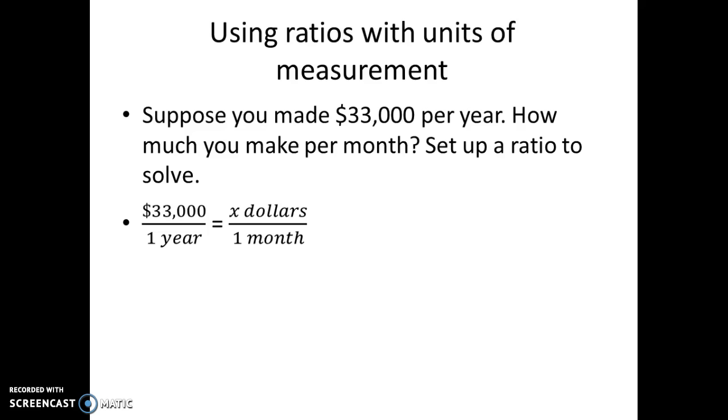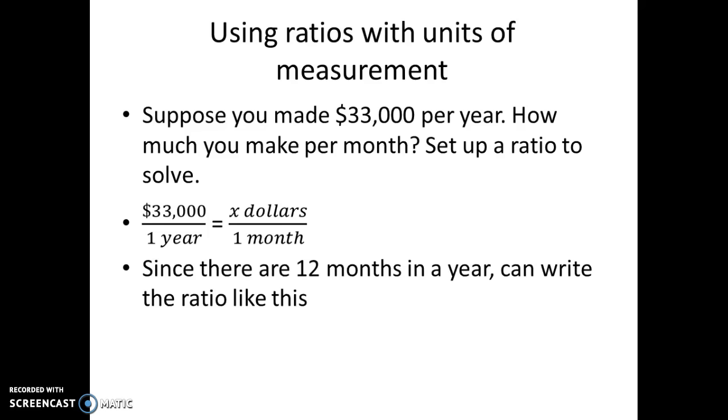So I'm going to choose to put my money on top and the length of time on the bottom. So I set up a ratio of 33,000 over 1 year equal to X dollars per month. Now the problem is we can't really compare year to month until we figure out how many months are in a year. Since there are 12 months in a year, I can write my ratio like this: $33,000 per 12 months equals X dollars over 1 month.